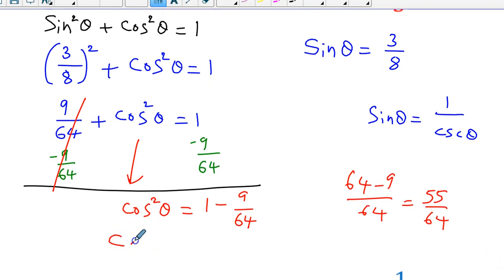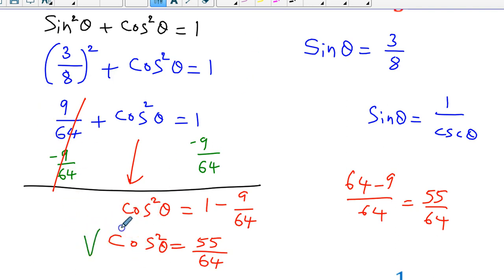So cosine square theta is equal to 55/64. But you are looking for only cosine theta.